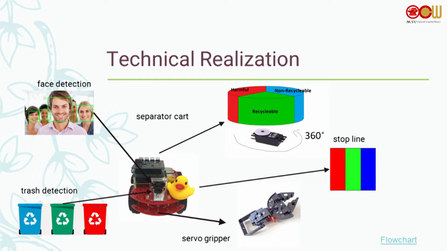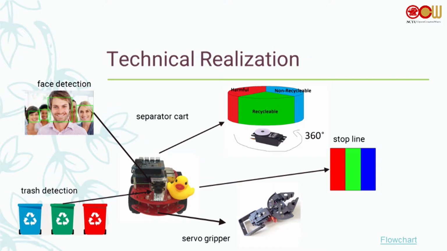This is one of our designed carts. We have a 360 cart operated by servo, and we have already separated it into three different parts: recyclable, non-recyclable, and harmful waste.